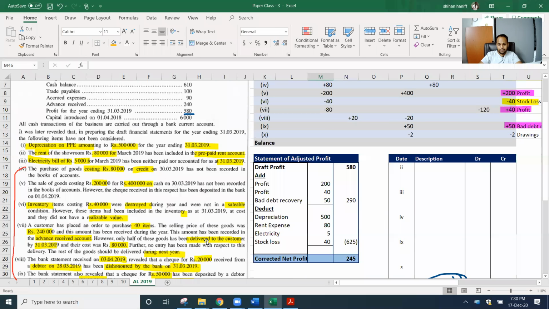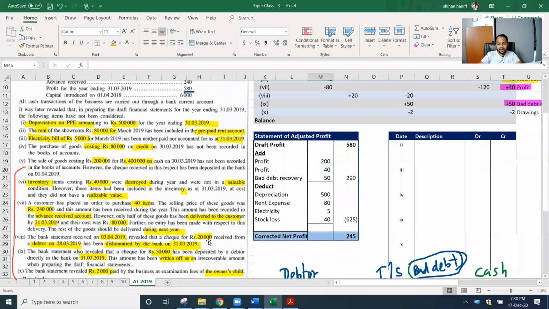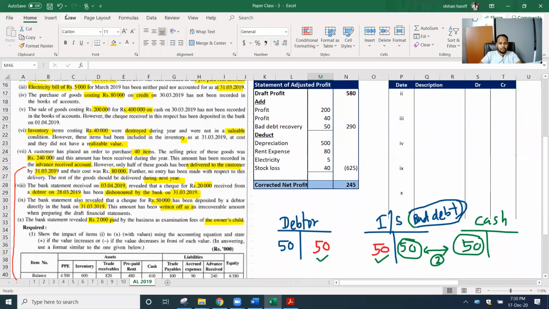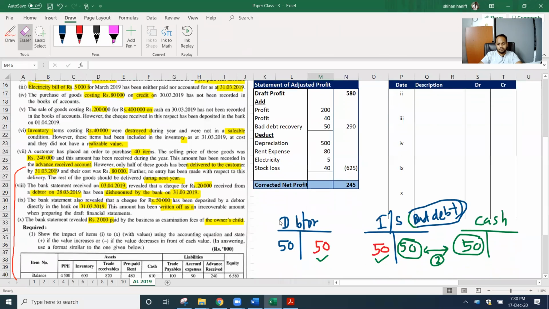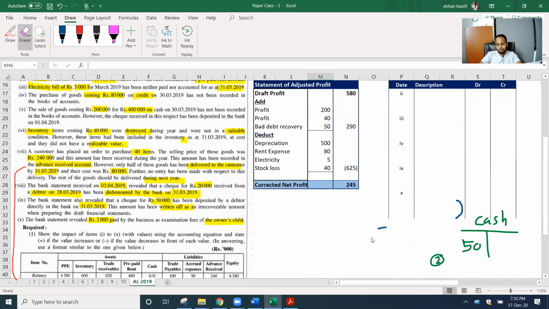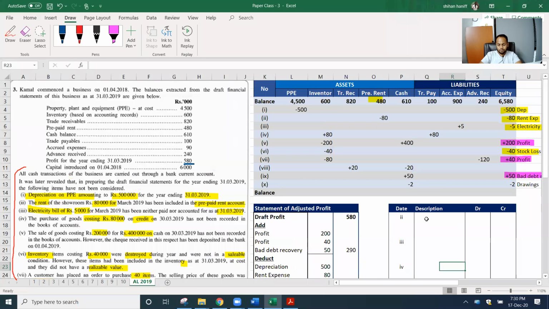So let's see what are the transactions 2, 3, 4, 9 and 10. So let's write the narrations or double entries.